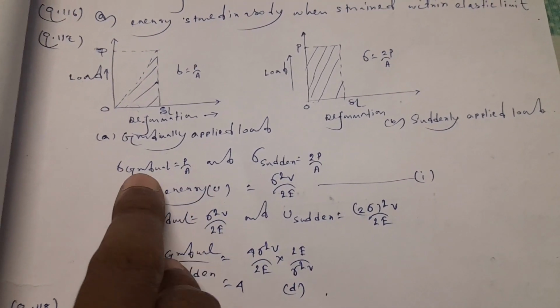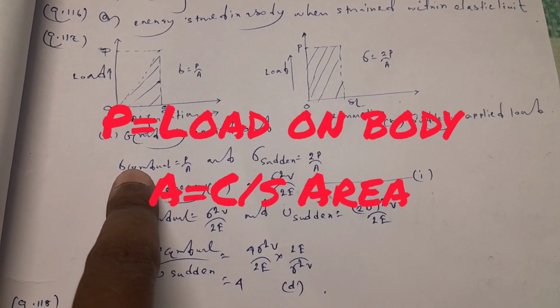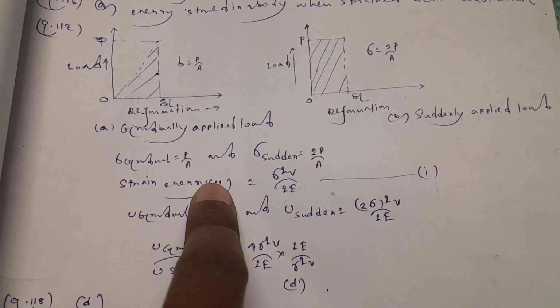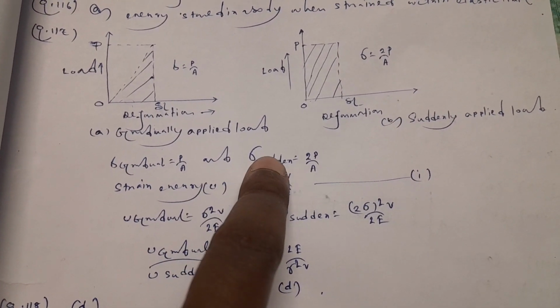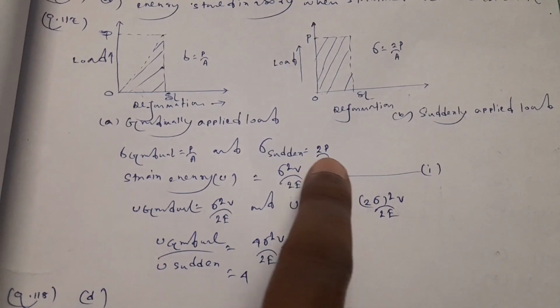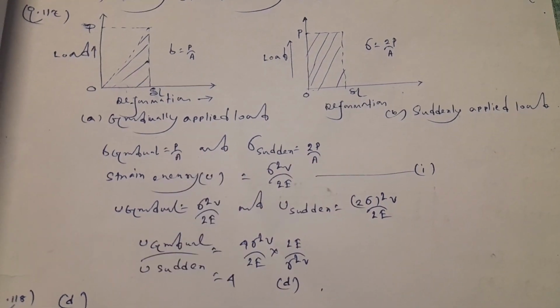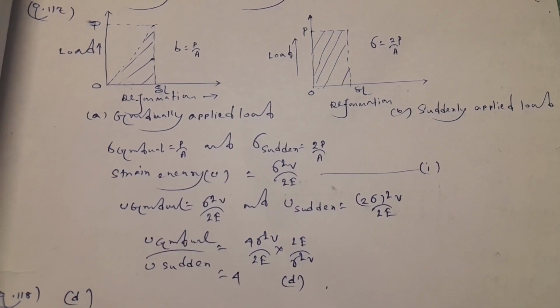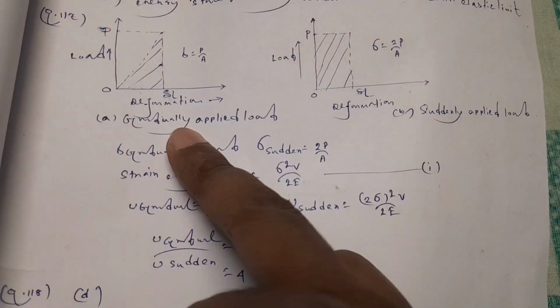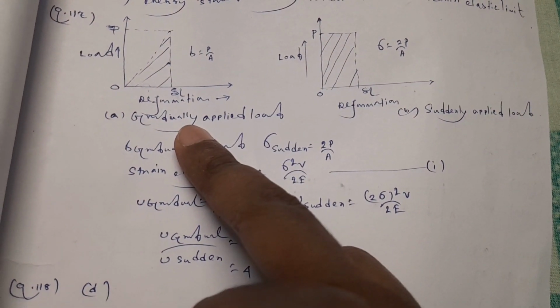So the stress for this body will be P by A, and stress of this body will be 2 into P by A, because the load is twice as compared to the load for the body subjected to gradually applied load.